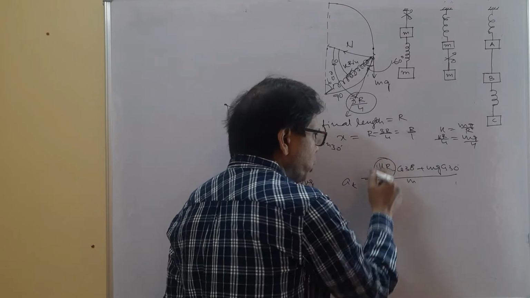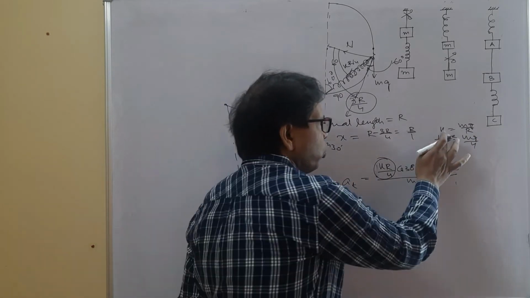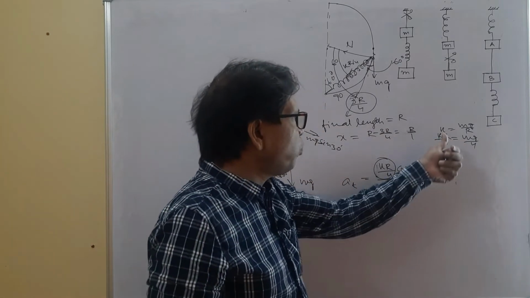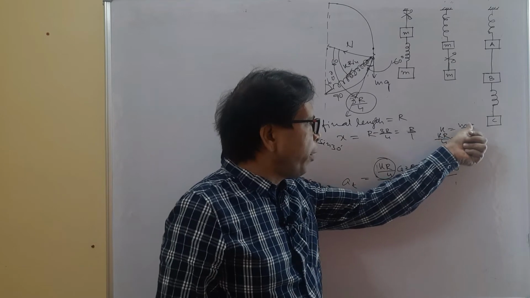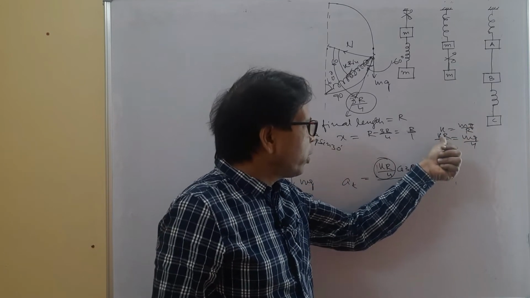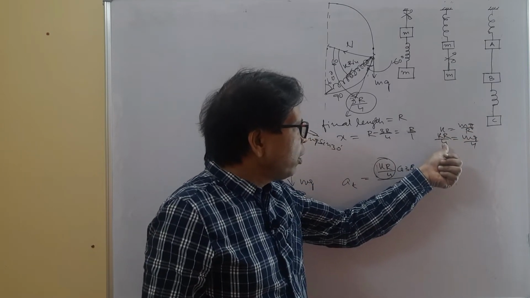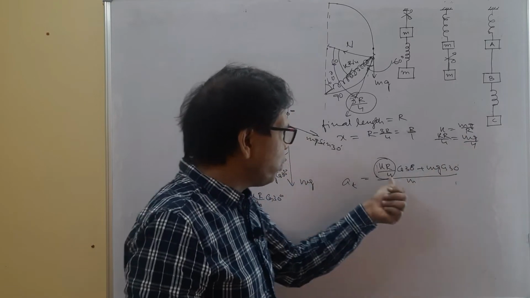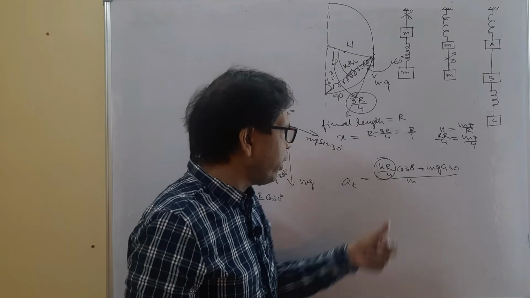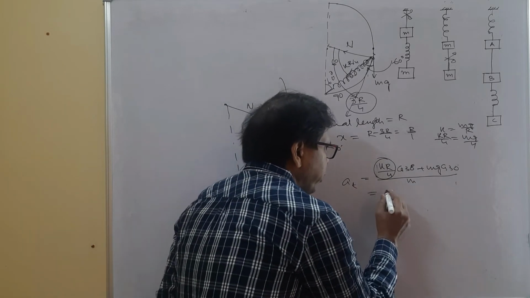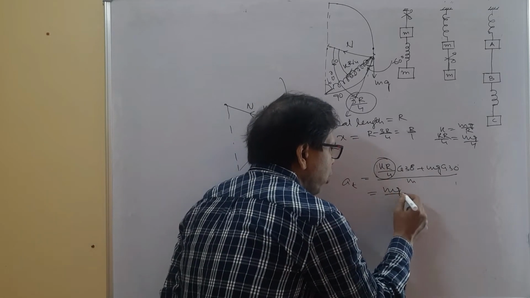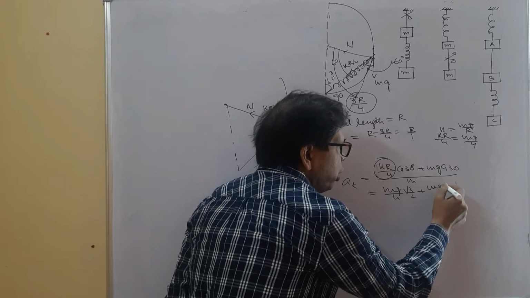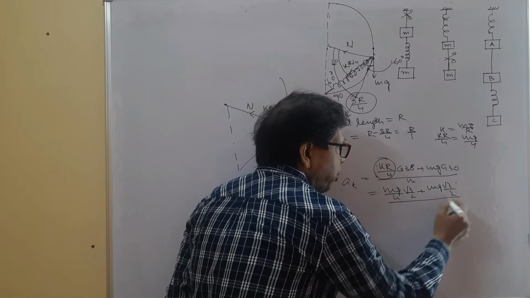So look at this, if we put kr by 4, the force constant of the spring is mg by r, so kr by 4 is equal to mg by 4. Now if we put kr by 4 here, we get mg by 4 into root 3 by 2 plus mg into root 3 by 2, divided by m.